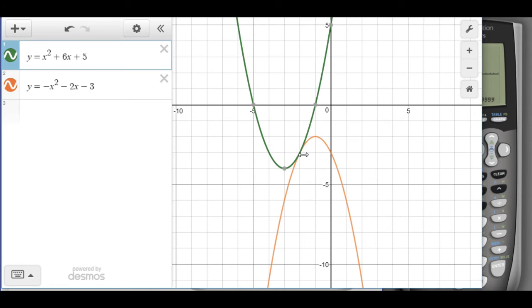Now if I click where I think they're intersecting, right about here, if I hover, I see that it's that point, negative 2, negative 3, which again agrees with our graphing calculator and still gives us that y value of negative 3. So whether you're using the graphing calculator or Desmos, you'll get the same answer, and you didn't have to do it by hand.